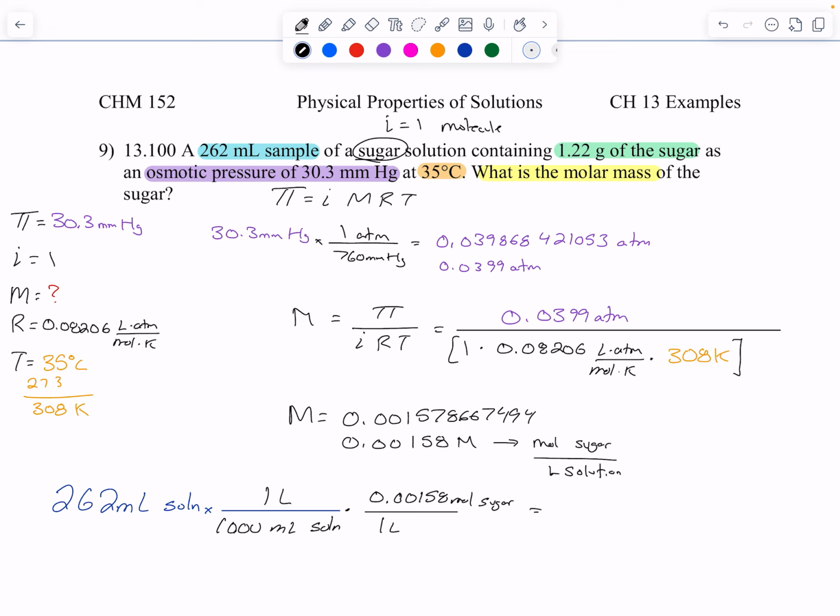So we take our 0.00158 times our 262 divided by 1,000. I get 4.1396 times 10 to the negative 4 moles. So with 3 sig figs, 4.14 times 10 to the negative 4 moles of sugar.